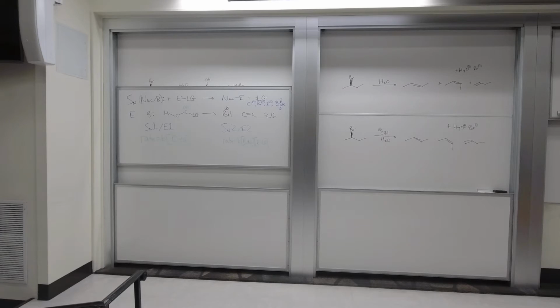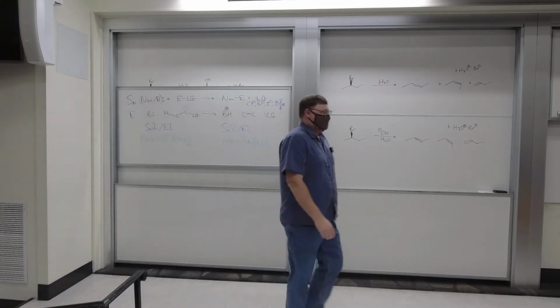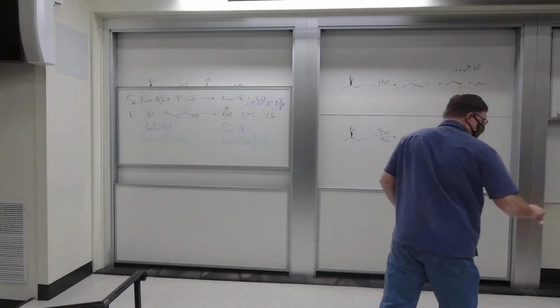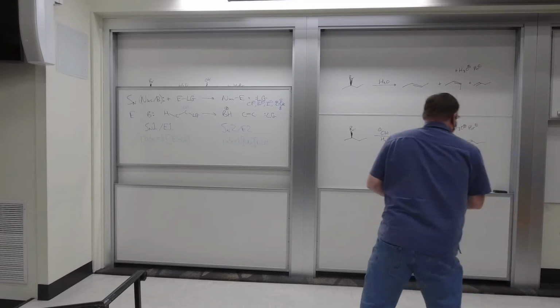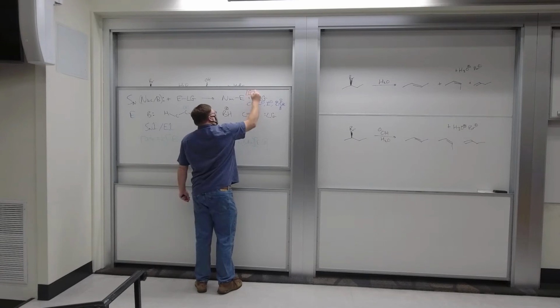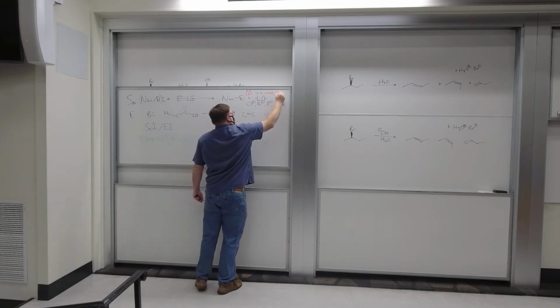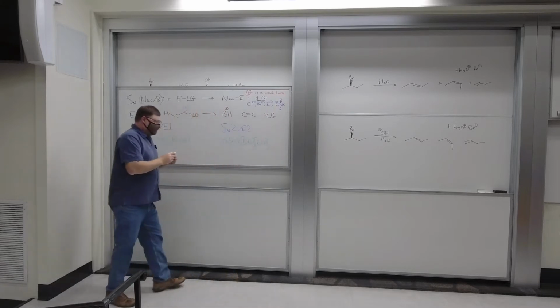That's pretty much it for this chapter. So the leaving group has to be a weak base.